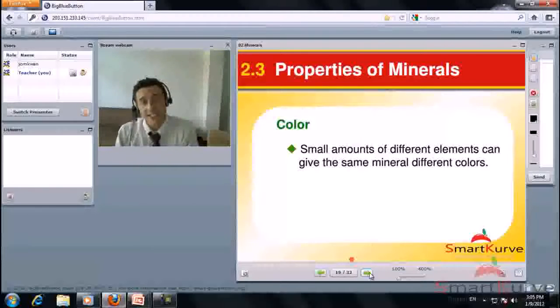However, different samples of feldspar contain different amounts of other elements like magnesium or iron or aluminum. And when these different elements are in different amounts, they can give the mineral different colors. So even if it's still feldspar, it might have a different number of iron atoms in that crystal, and it could give the feldspar different colors.